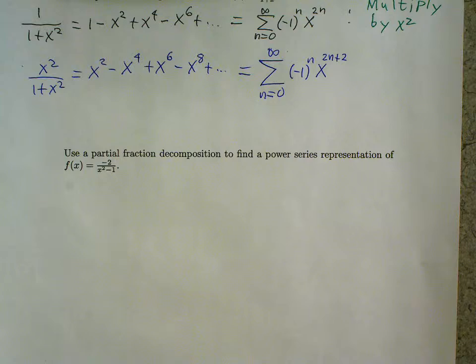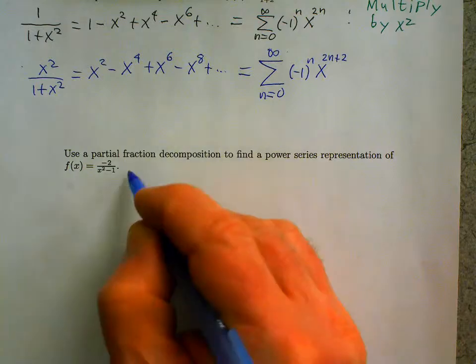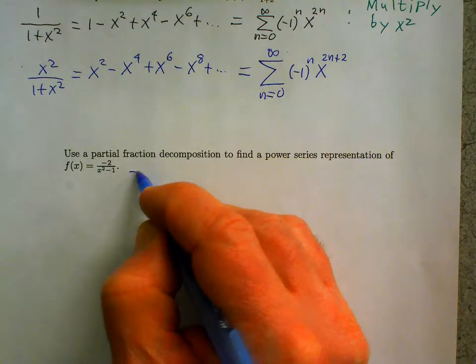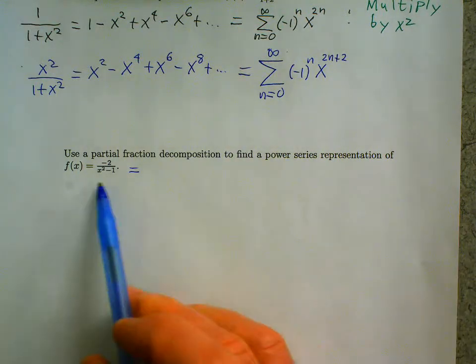Are you getting close to an answer? Well, for partial fractions, we want to factor the denominator.